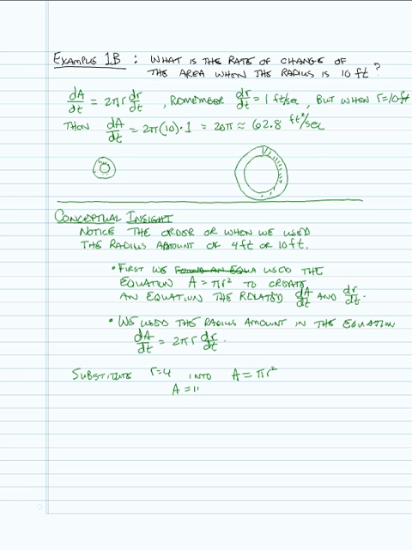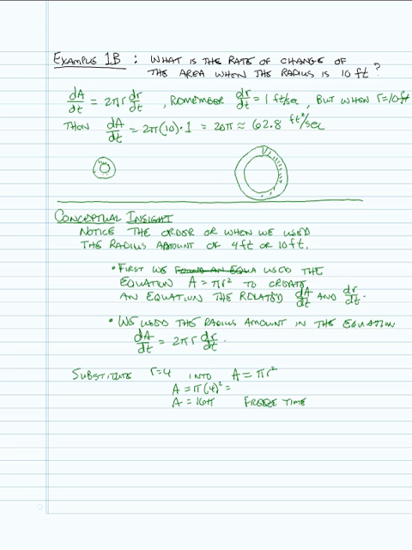We'd get A is equal to pi times 4 squared, or A is equal to 16 pi. In effect, what that does is it stops the ripple from gaining size. We freeze time when we do that, because we're looking at specifically when the radius is 4, and that's that frozen point in time.